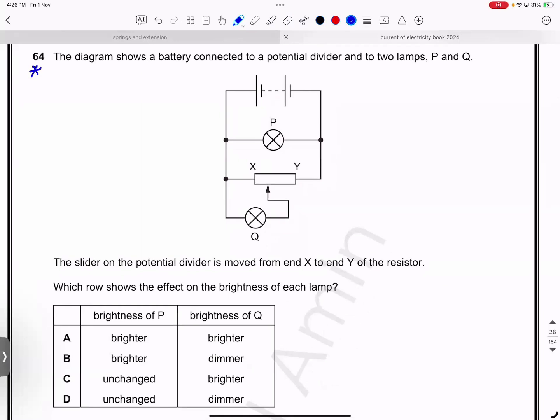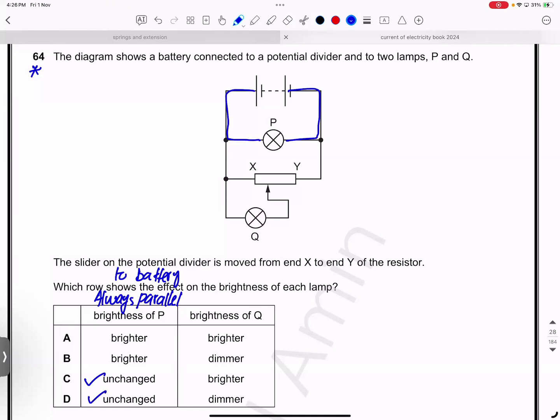First of all, lamp P is always parallel to the battery. No matter what the position of the slider is, P is always getting the same voltage as the battery. So if its voltage is never changing, the brightness of P will not change.